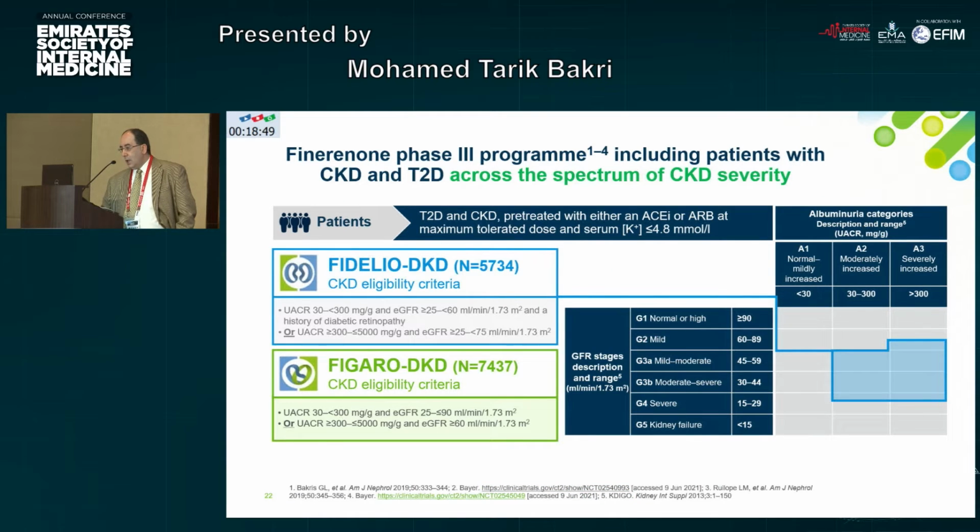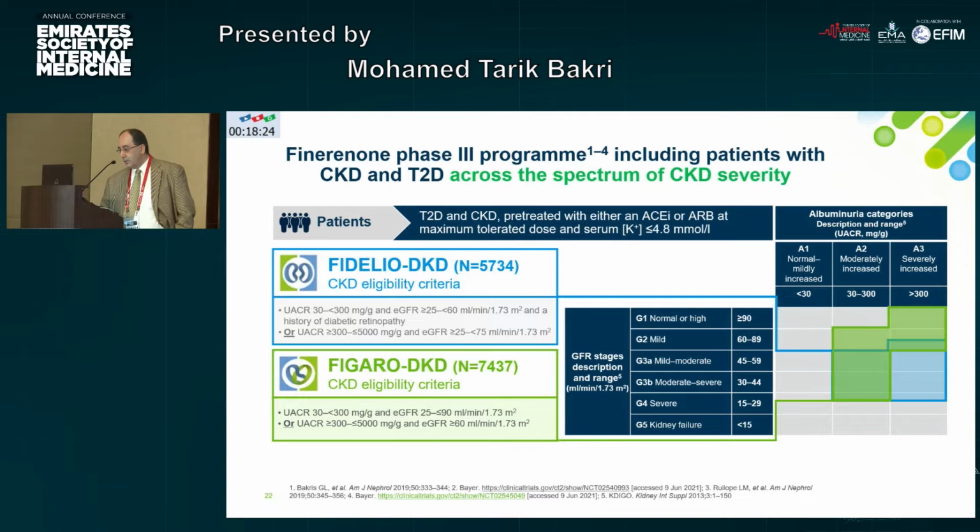And you can see the difference with the Fidelio. On the graph, it covers really advanced CKD, most of the patients in stage 3 with moderately to severely increased albuminuria, while the Figaro trial extended the coverage to a much earlier stage.